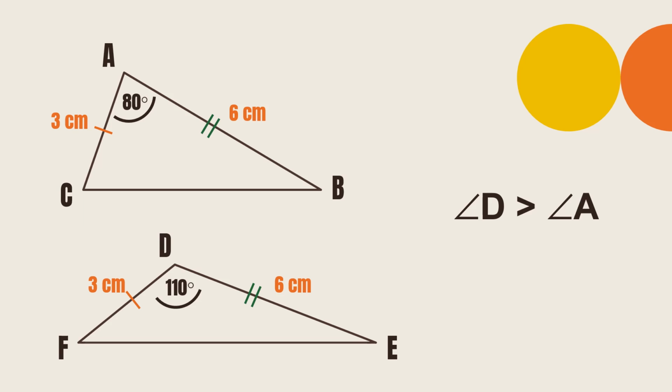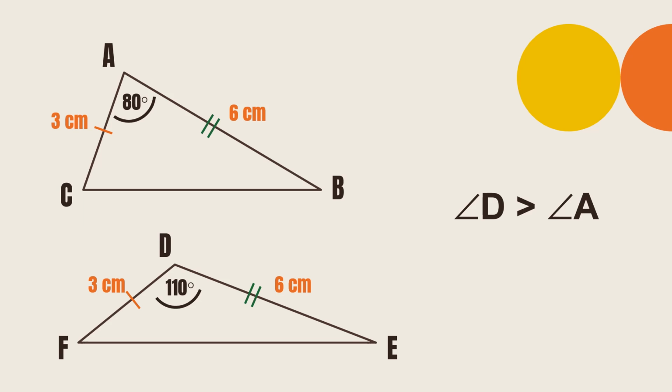In the first triangle, mas maliit yung opening niya compared to the opening of angle D. That is why, kapag mineasure siya, mas malaki yung sukat ni angle D. But still, naka-retain na 3 cm and 6 centimeters yung kanyang two sides. So, yung opening lang, kaya nag-iiba yung sukat ng angles.